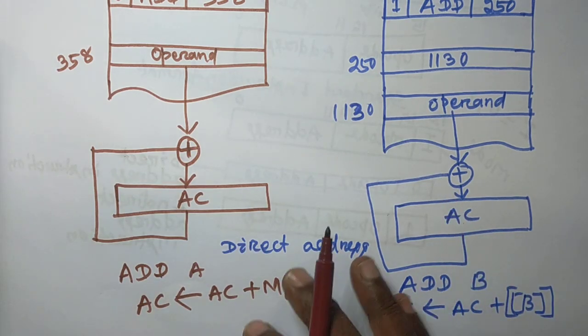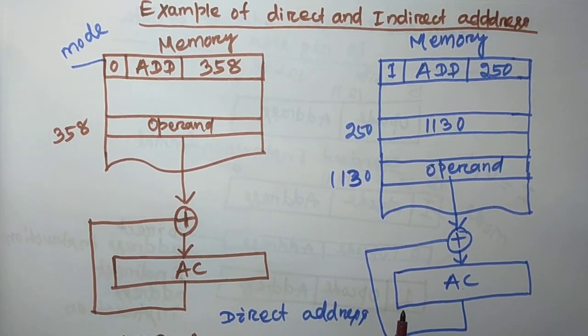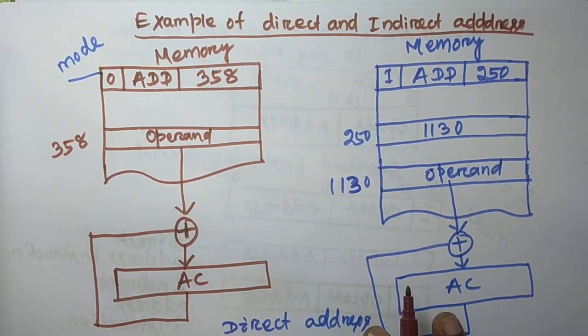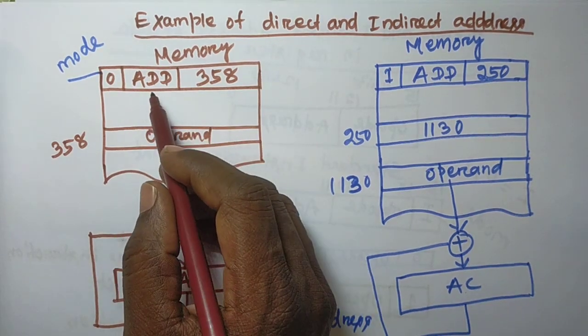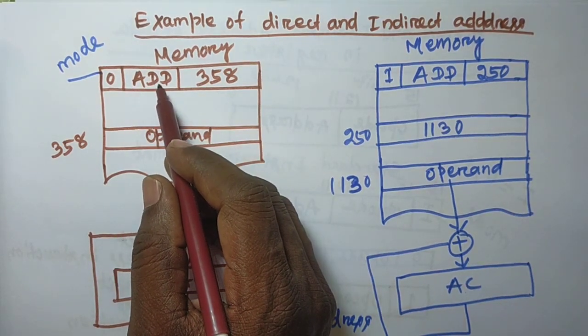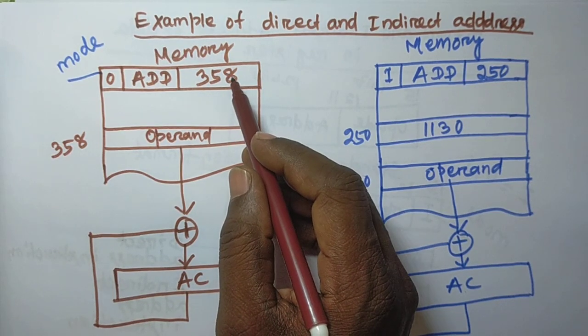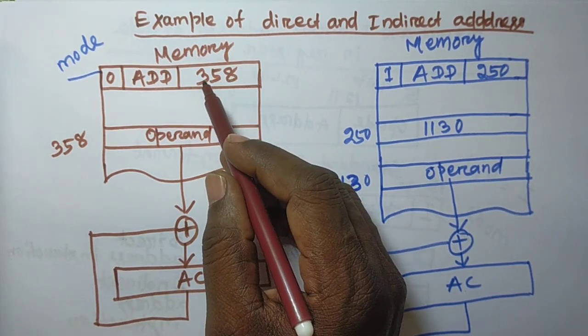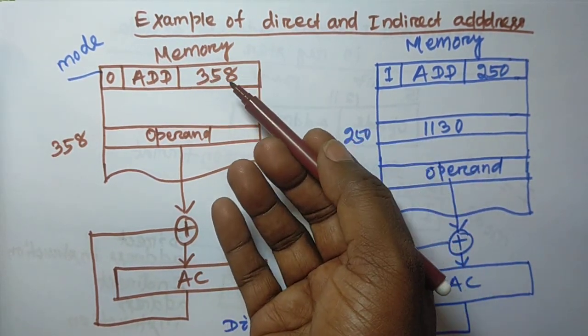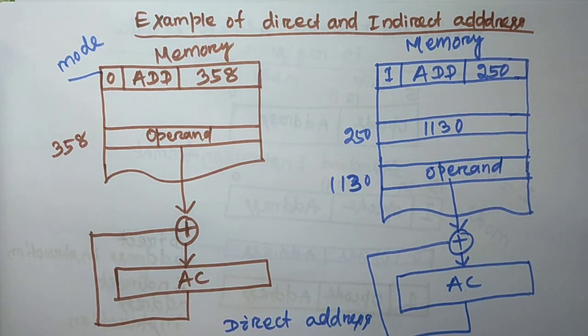Two examples, and how to define direct or indirect address. If ADD A, the opcode part is ADD and the address part will be some address of data.